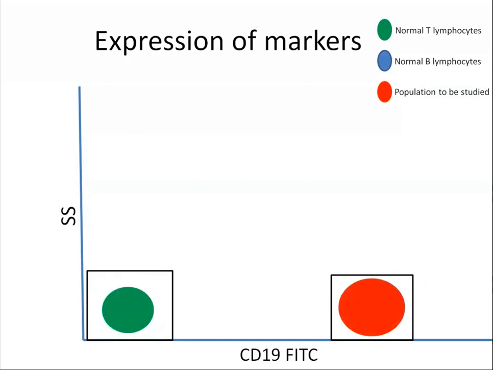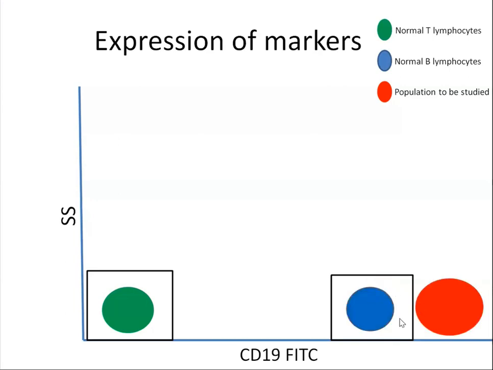Similarly, if the blast population is falling in the region you made with the positive internal control, which is normal B cells, then you call it moderate expression of CD19 in the target population or the blast.